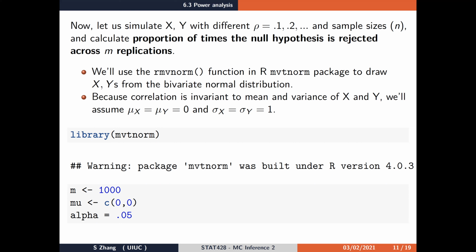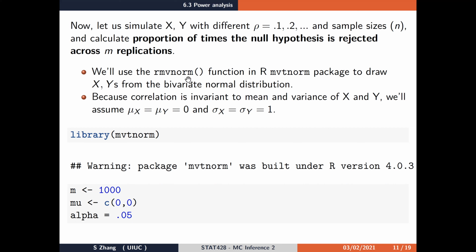So here let's use an M of 1000, meaning that we will repeat each condition 1000 times to approximate the power. For simplicity, let's use the rmvnorm function inside the mvtnorm package to draw x and y from the bivariate normal distribution. In week 2, we learned how we can do this from scratch, but maybe we can save some time and space over here.